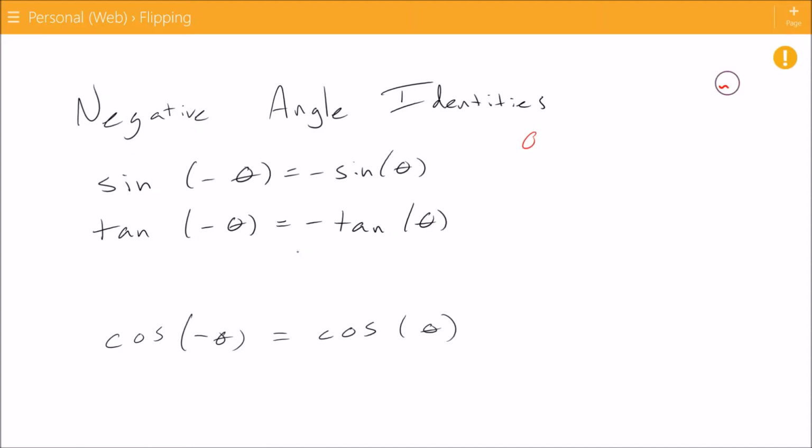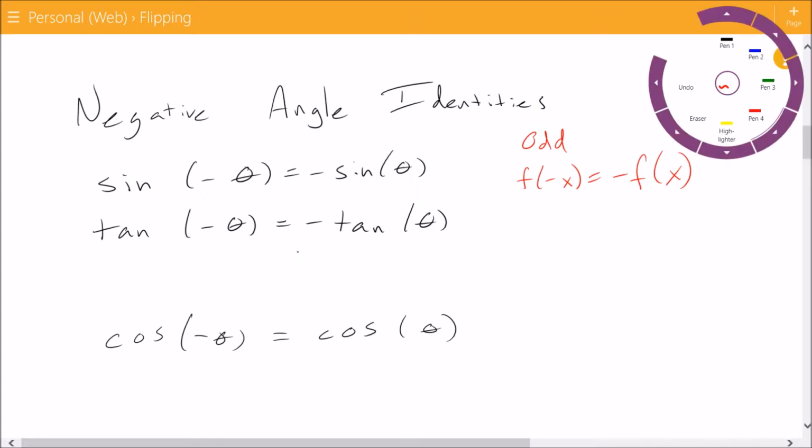Remember, if a function is odd, you will see that f of negative x is equal to negative f of x. Notice I've got sine of negative theta, basically f of negative x, is equal to the negative sine of theta, negative f of x. This is true for both sine and tangent, as both of those functions are odd.